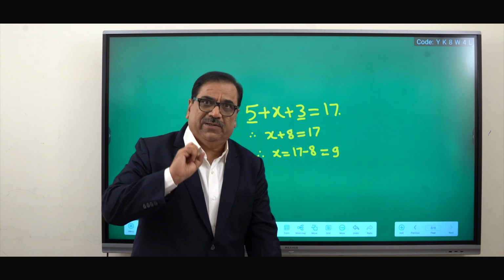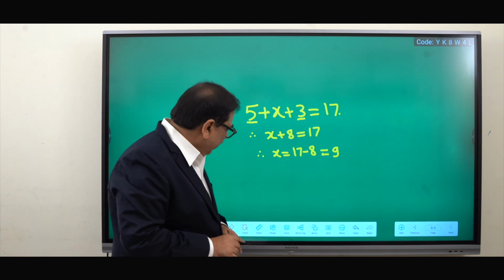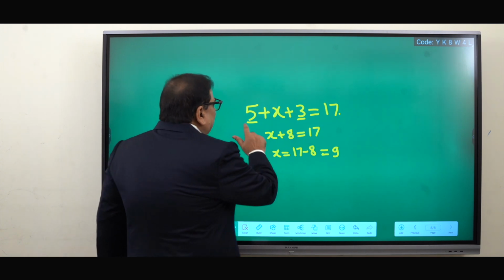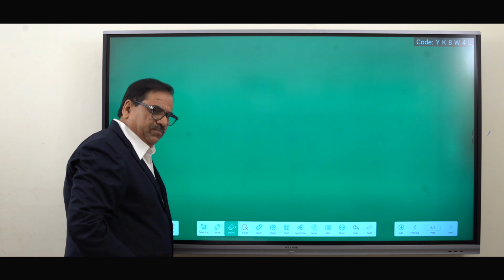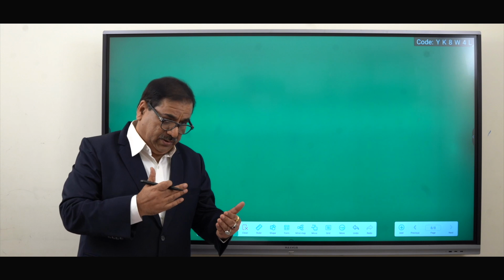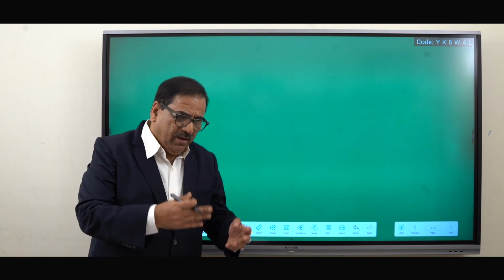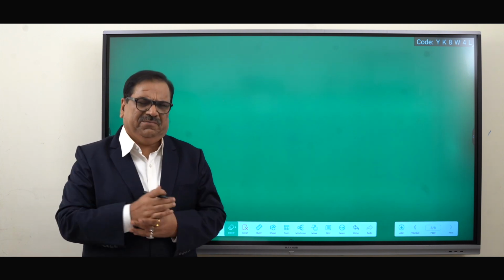Now we will proceed to the concept of what are linear equations in two variables. Here it was only one variable, but instead of one variable, if there are two variables, then we will say x and y, p and q, m and n, or something like that.